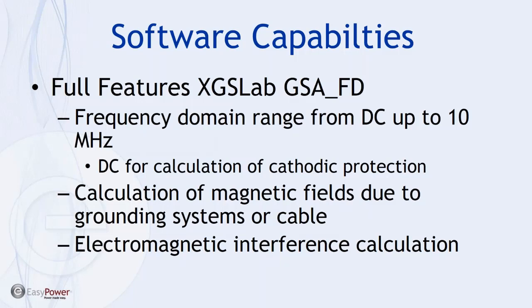And finally, you can use it for electromagnetic interference calculations, maybe caused by your facilities or others. Generally, these other facilities end up being buried pipelines or other buried electrodes nearby. But the fact that you can calculate the induced current and potential due to the resistive, capacitive and inductive coupling is helpful in many situations.